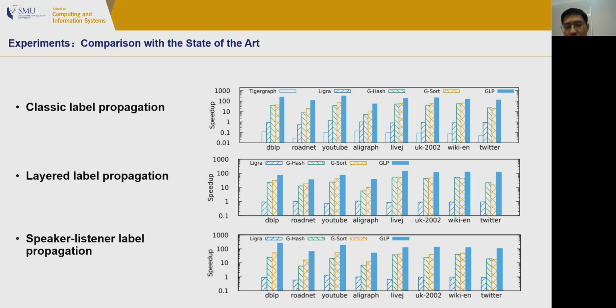For the other two label propagation algorithms, the results are consistent with those of the classical label propagation. In summary, the results have demonstrated that GLP significantly outperforms the state-of-the-art solutions on both the CPU and the GPUs. Furthermore, the API provided in GLP allows data engineers to quickly develop a customized label propagation algorithm without domain knowledge of the GPUs.